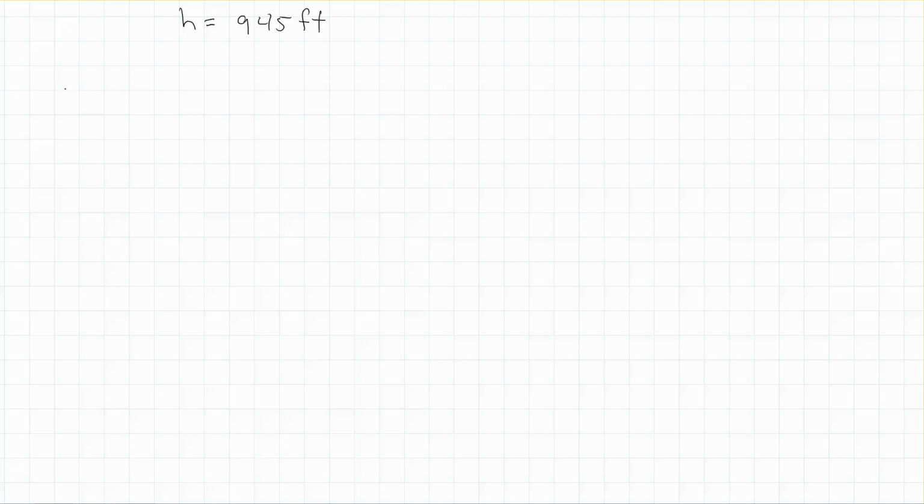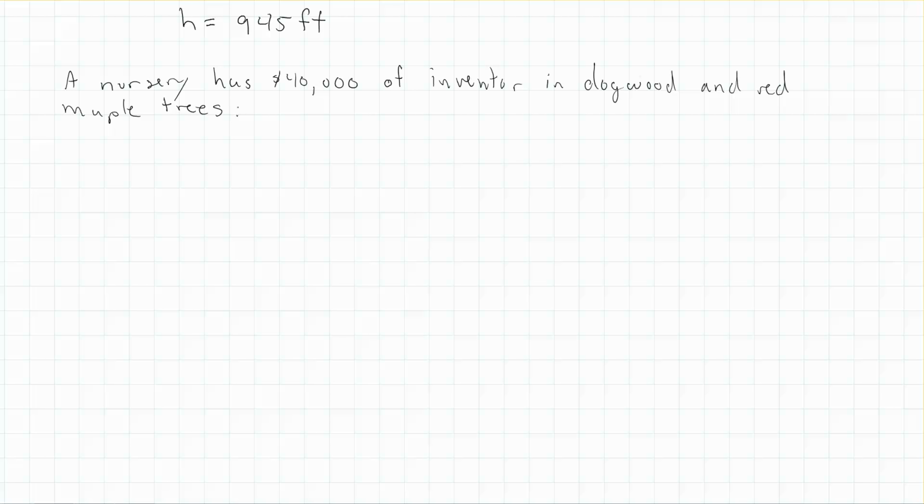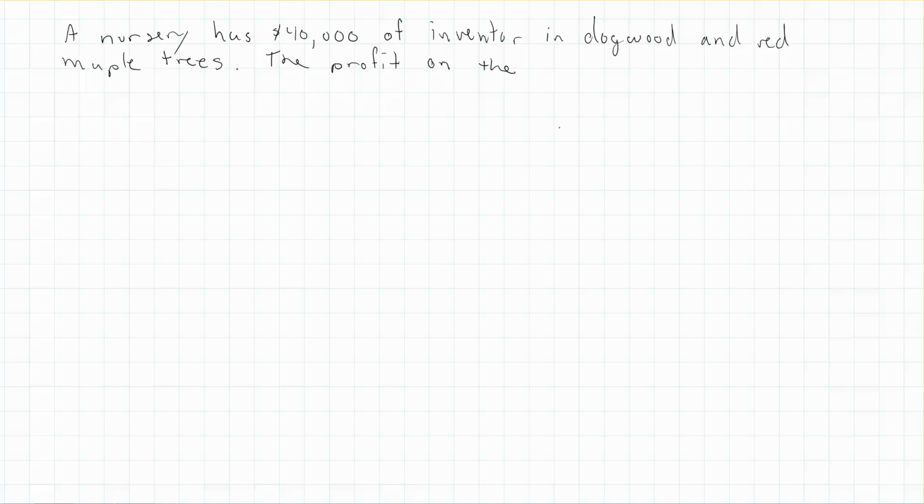So what we have here is a nursery has $40,000 of inventory in dogwood and red maple trees. The profit on the dogwood tree is 25%.